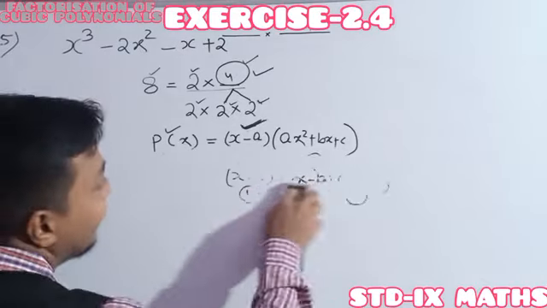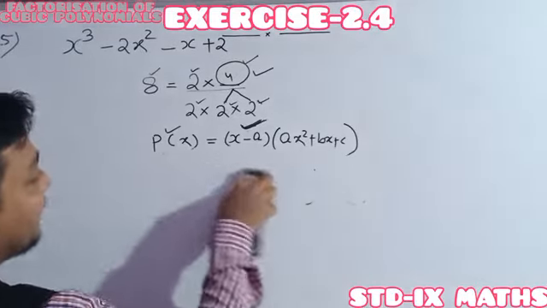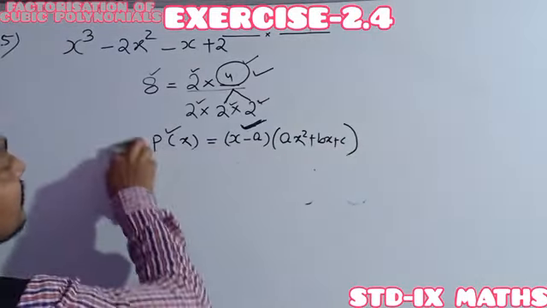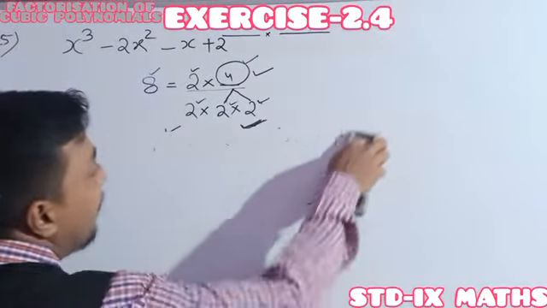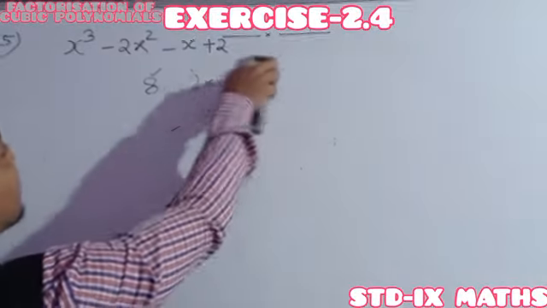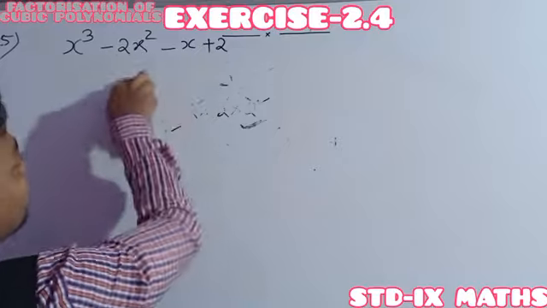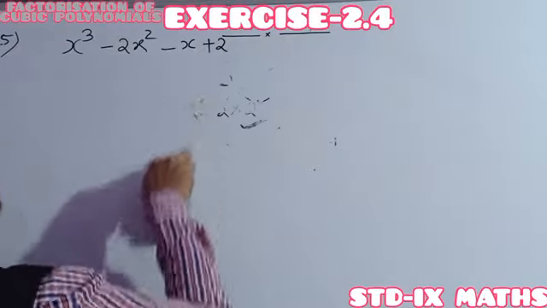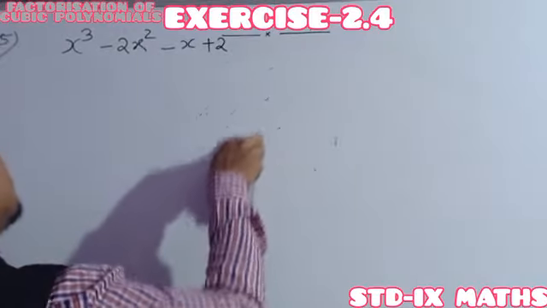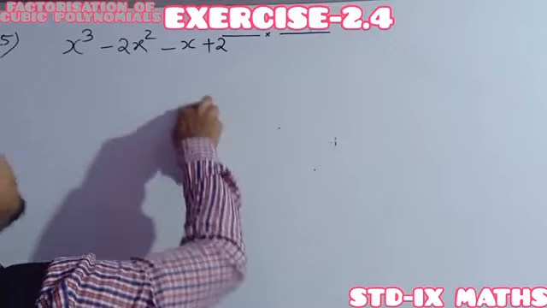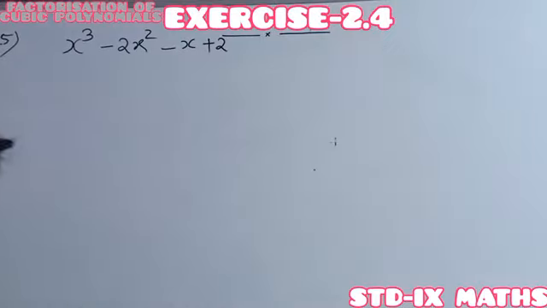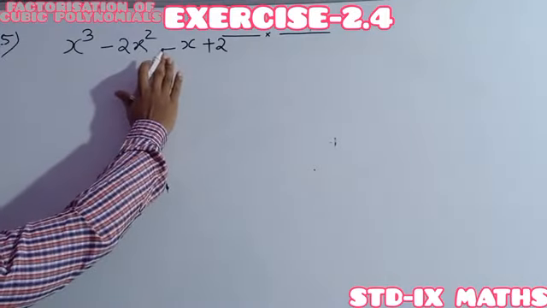See, what is important is how I wrote here x minus a. So getting the first factor bears important meaning. This one is the polynomial, and we are getting its first factor.